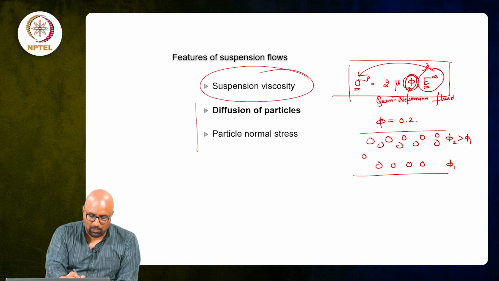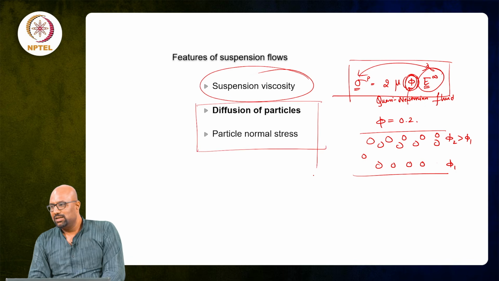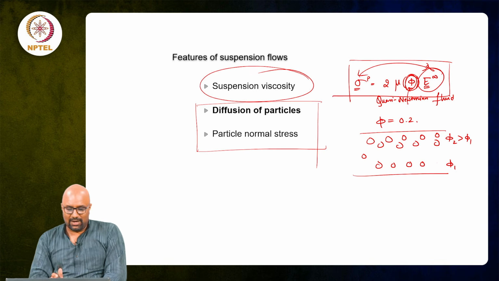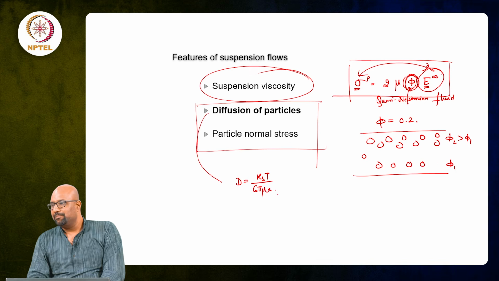The other two parts which we will address in the next lecture are on how the particles actually diffuse and what would be the normal stress. So, particle diffusion you are already aware of from your Einstein picture, it takes this particular form.